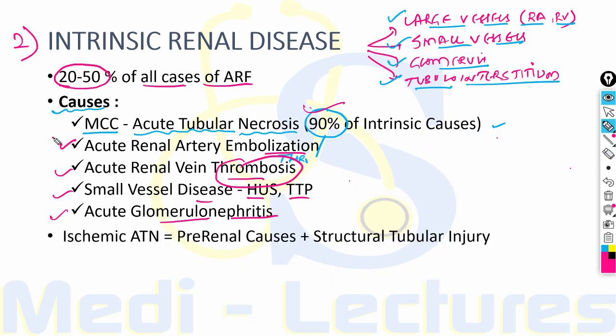The occlusion of these large vessels, that is the renal artery and renal vein, is very uncommon, and if it is present, a significant decrease in GFR will suggest either a bilateral process or a unilateral process in a single functional kidney. Other rare causes can be small vessel disease like HUS and TTP, and acute glomerulonephritis.